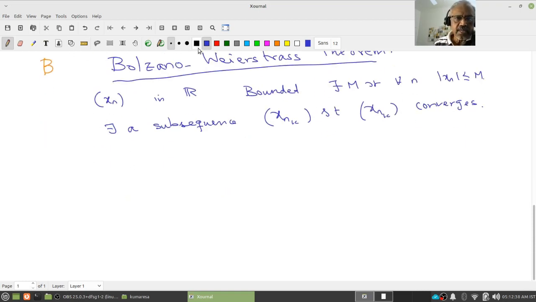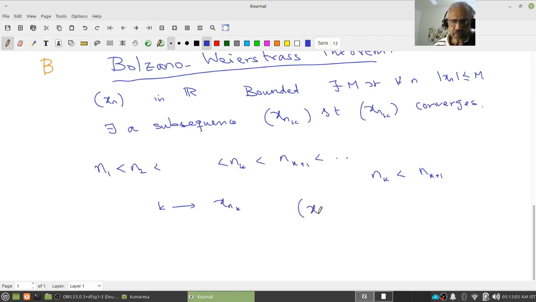So let us recall what is meant by a subsequence. That is, there exist n1 less than n2 less than ... nk less than nk+1 etc. For each k, nk must be less than nk+1. Then look at k going to x_{n_k}. This sequence is called a subsequence.